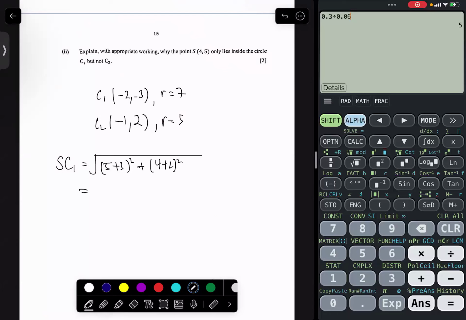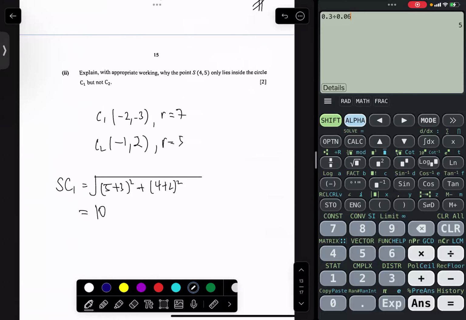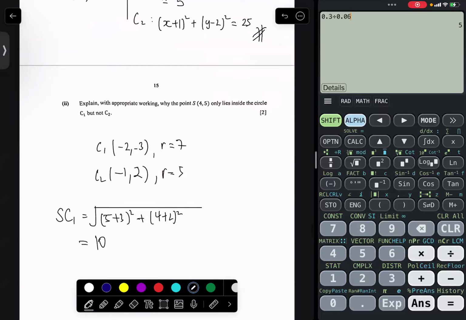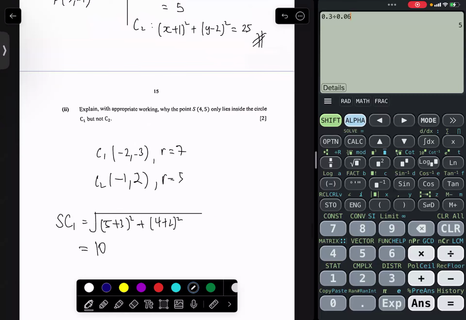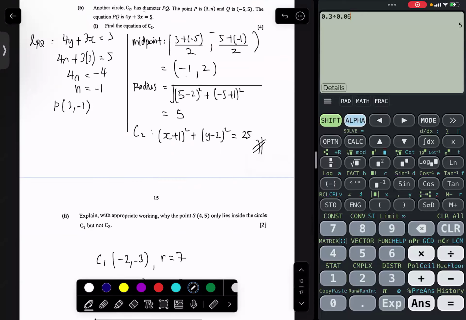So 8 squared plus 6 squared equals 110. Doesn't that show that S only lies inside the circle C1 and not C2?